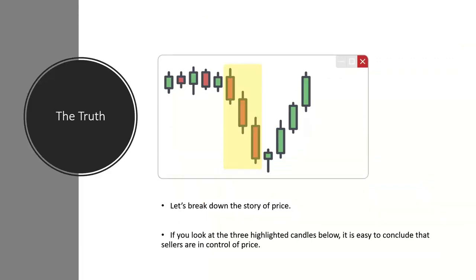If you look at the three candles that I have on the chart, it's easy to conclude that the sellers are in control. That's what we see when we see this down motion, lots of red candles. And that's a natural assumption. When we see the next step, we say buyers are in control.